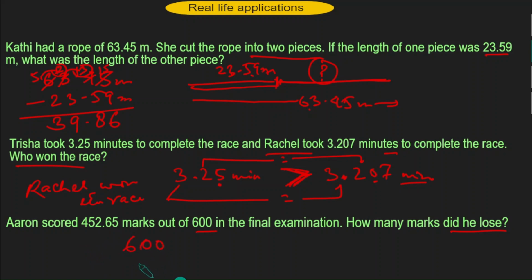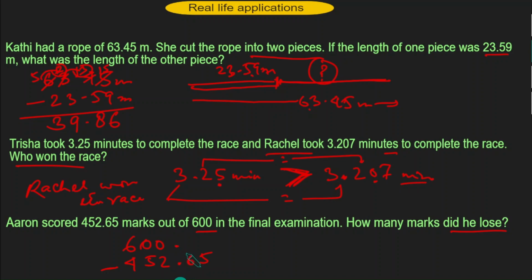600 marks was the full marks, but Aaron scored only 452.65. Okay, because we are going to subtract, we know that it is a whole number, but we are going to subtract a decimal from a whole number.